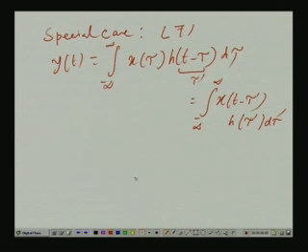I repeat again, if you replace t minus tau by tau prime, d tau prime is minus d tau, so d tau is minus d tau prime, so a minus is coming. Then look at the limits: tau becoming minus infinity means tau prime is plus infinity. So plus infinity to minus infinity, reverse the limits, minus infinity to plus infinity, so another minus sign.